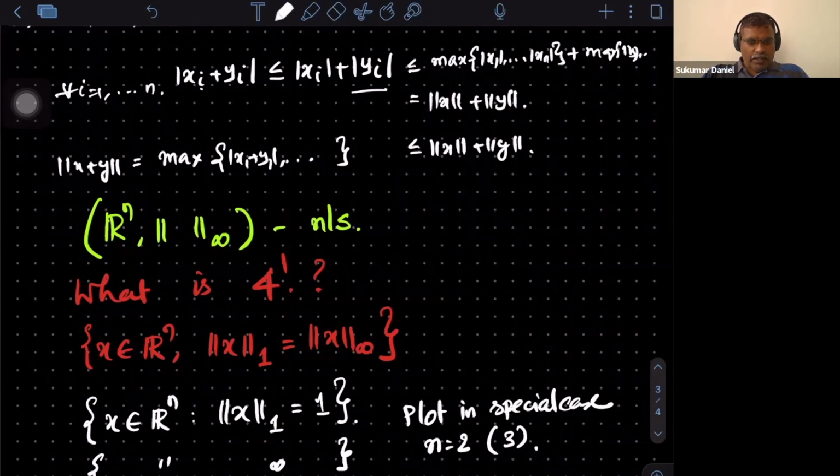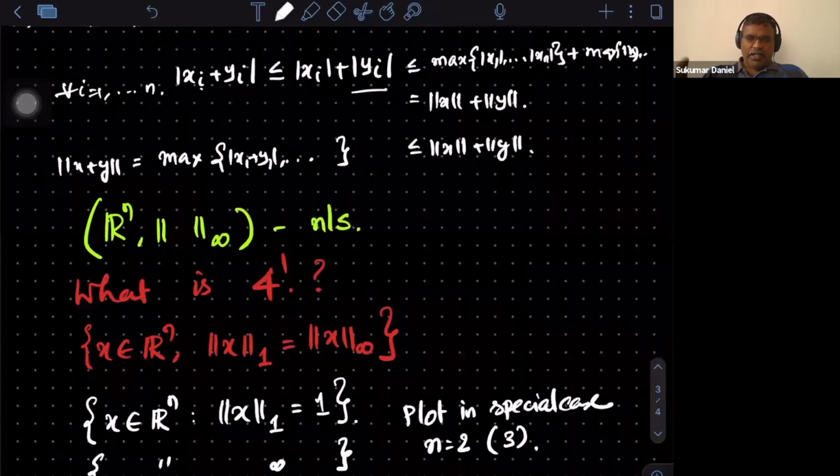Okay, so now I'll ask some questions. You can think. Now, for every Rn, I can do this. So, can I define this for more than n copies of R? Maybe if I take infinitely many copies of R, can I still define these norms? So, instead of taking only n copies, that means finitely many copies, I take infinitely many copies of R. Though it is not a correct way to write, something like R infinity.